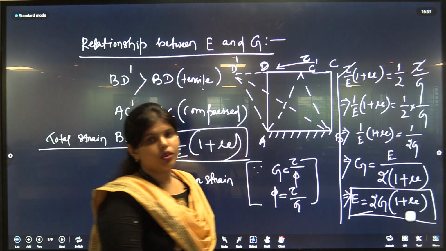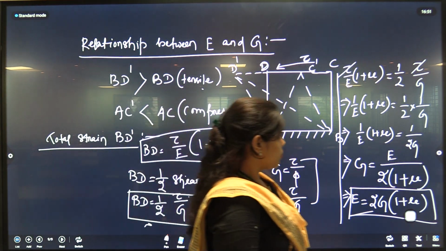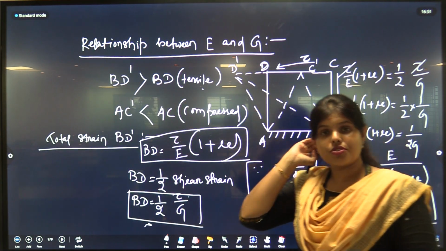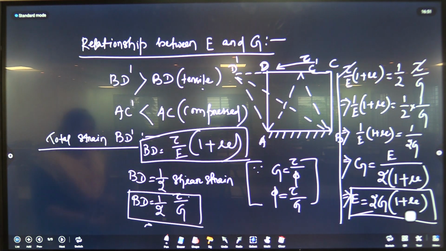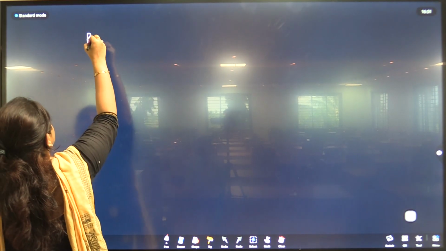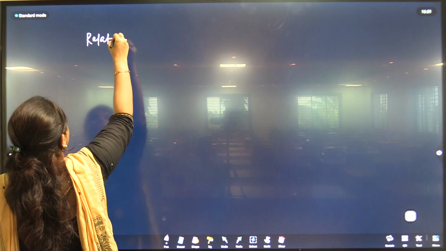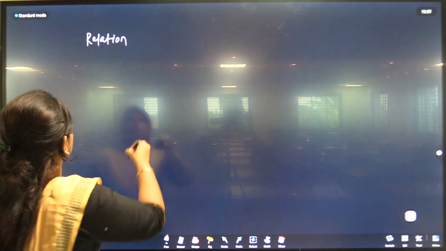Till now we have found the relationship between E, G and E, K. Now we will find out the relationship between all three elastic constants.